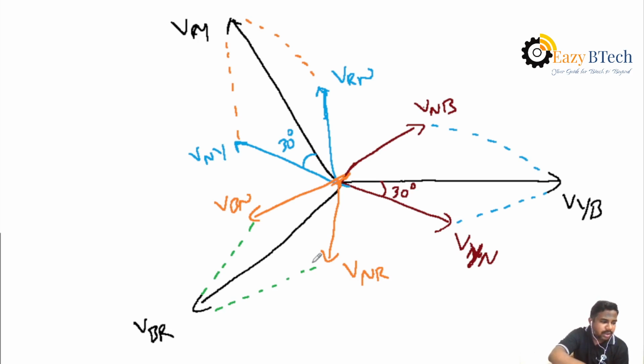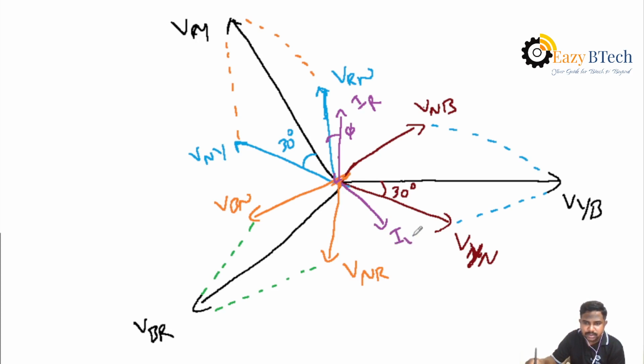And also we know the current values here. This current will be between VR and VB. The current is IR. We know the current phase angle, consider the phi angle. Similarly, this is IY and the phase angle is phi.